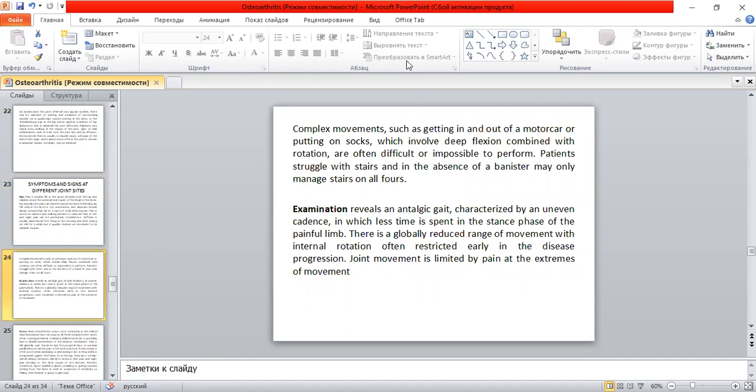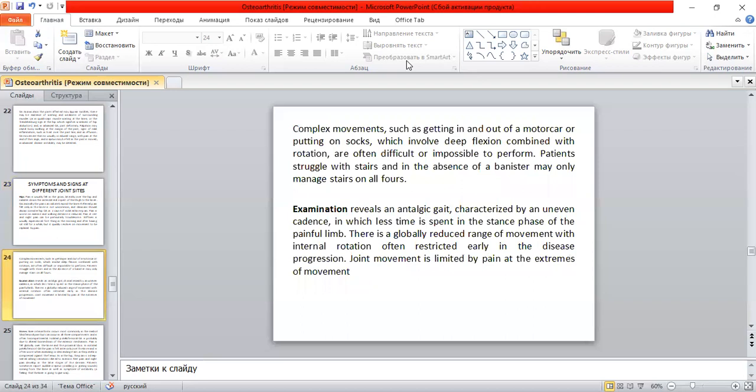Complex movements such as getting in and out of a motorcar or putting on socks, which involve deep flexion combined with rotation, are often difficult or impossible to perform. Patients struggle with stairs, and in the absence of a banister may only manage stairs on all fours.